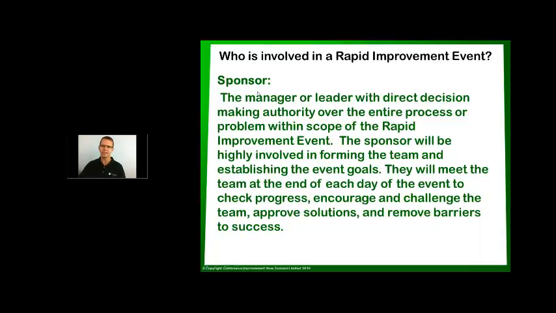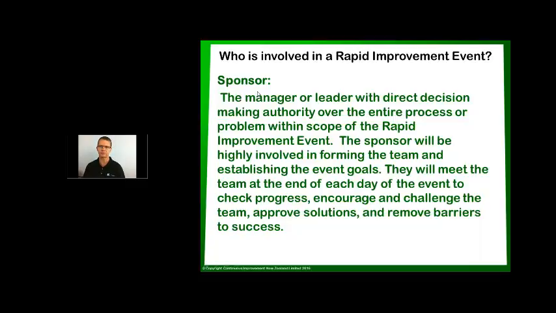They also need to have decision-making authority over the process. So often you need to go up a few levels in the organisation to get the right manager involved as the sponsor.